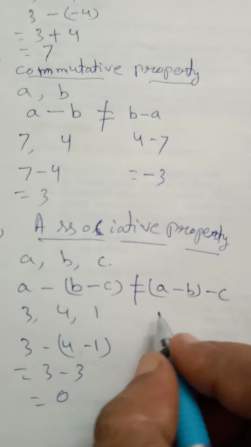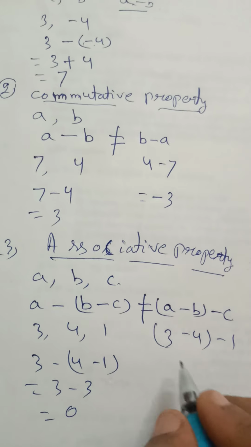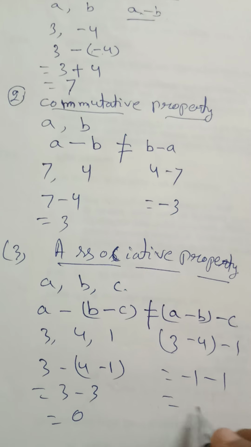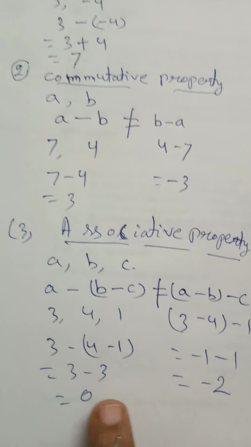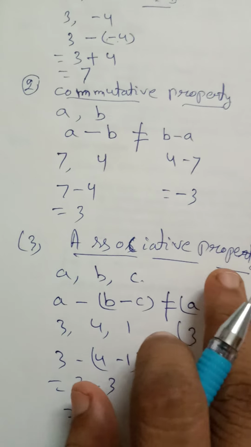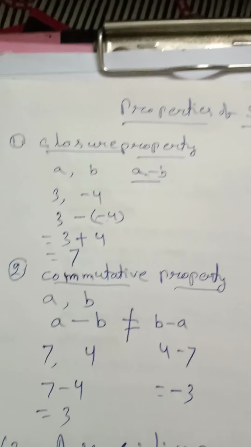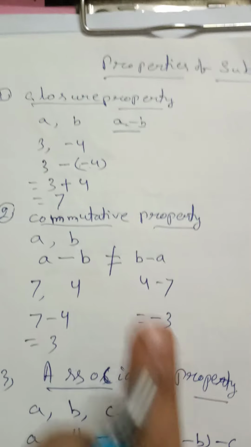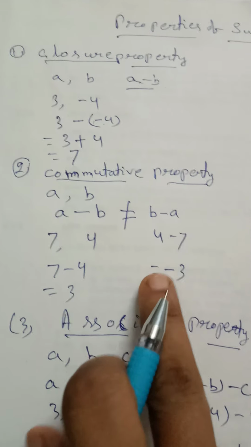Right side we do 3 minus 4 minus 1. 3 minus 4 is equal to minus 1, minus 1 is equal to minus 2. Are they equal? No. It means for subtraction, the associative property also is not satisfied. But in addition, all the properties are satisfied. In case of subtraction, only the closure property is satisfied. The rest two are not satisfied.